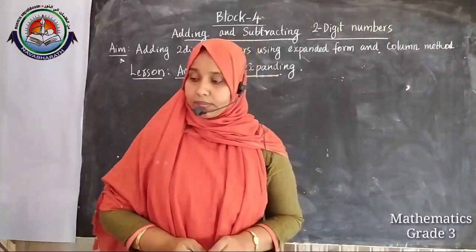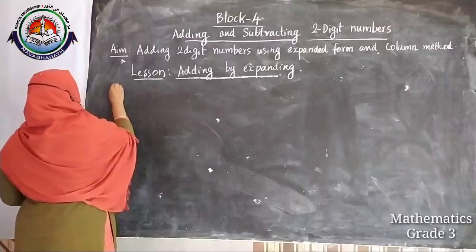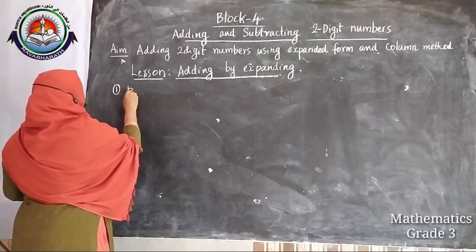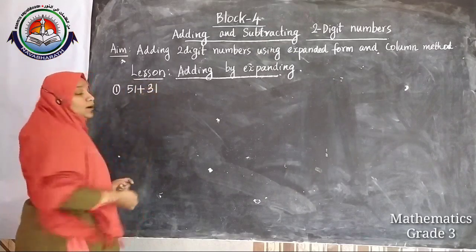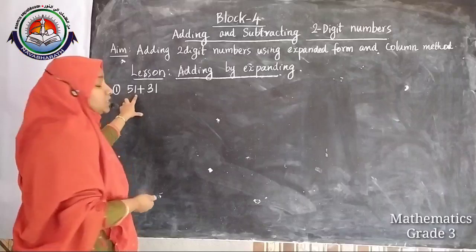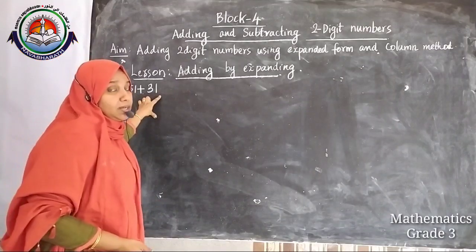Okay. Consider one example. 51 plus 31. 51 is a 2-digit number and 31 is also a 2-digit number.